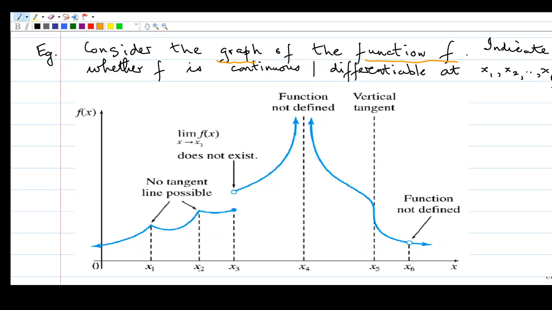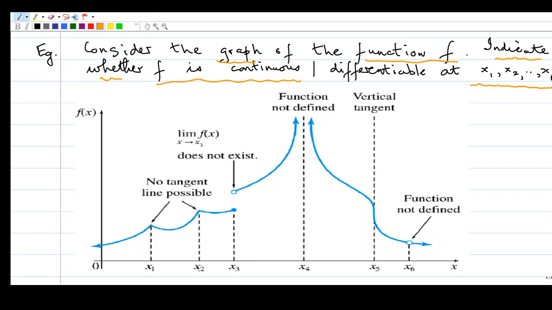Indicate whether f is continuous and or differentiable at these points, x sub 1, x sub 2, and so on, right up till x sub 6. Right?